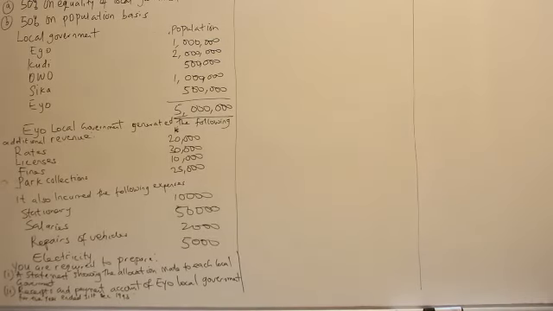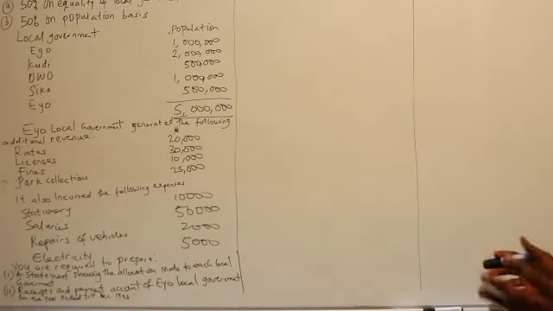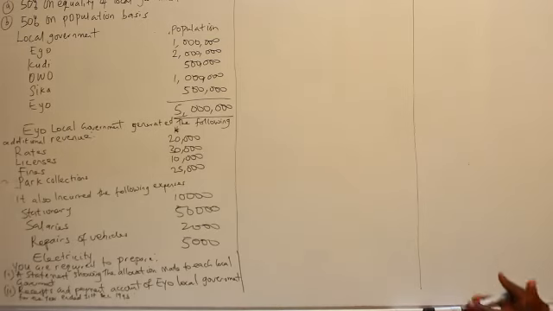Now let's see how we are going to calculate this. How are we going to allocate the revenue approved to the 5 local governments?